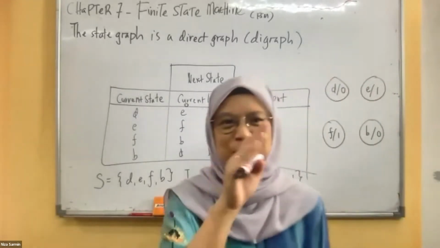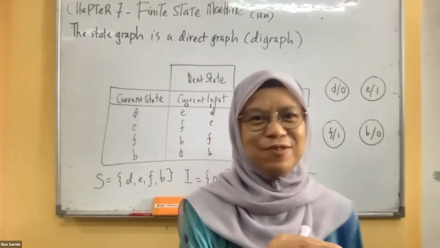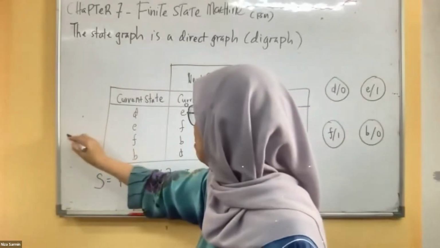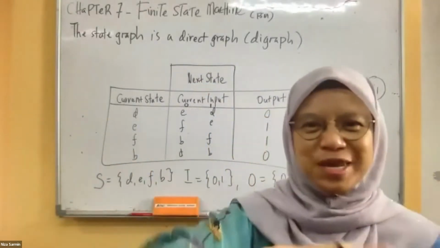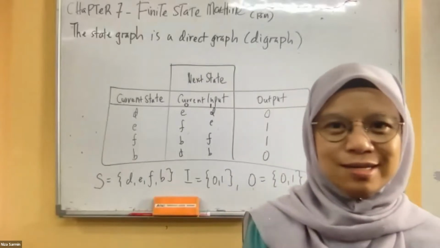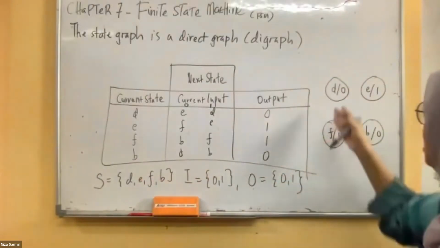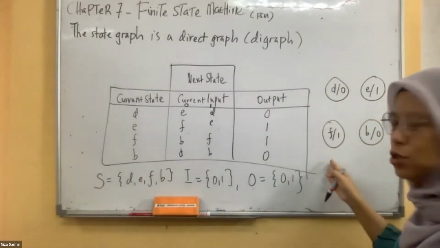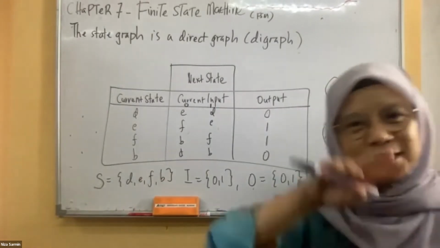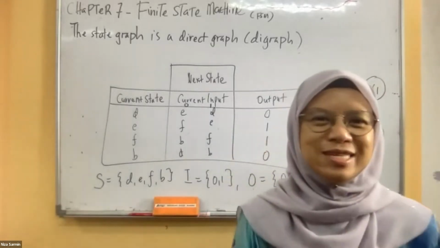It doesn't have to be a square. If you want to do it diamond, then rotate, which way? So it's not unique. It doesn't have to be D here, E here, but try to make it consistent, so it's easy for me to grade.